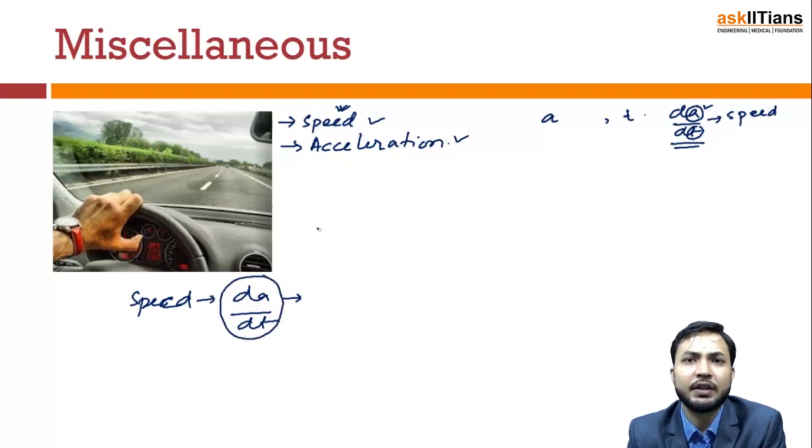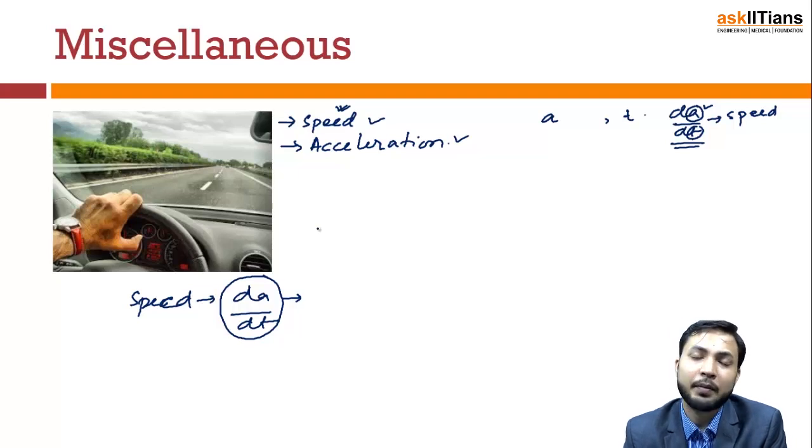Now what is acceleration? Let's say I was moving at a speed of 40. Now I am looking at my watch and I see that I might fall short of time if I don't drive fast. So what do I do? I increase my speed. When I increase my speed, I press the accelerator, right?